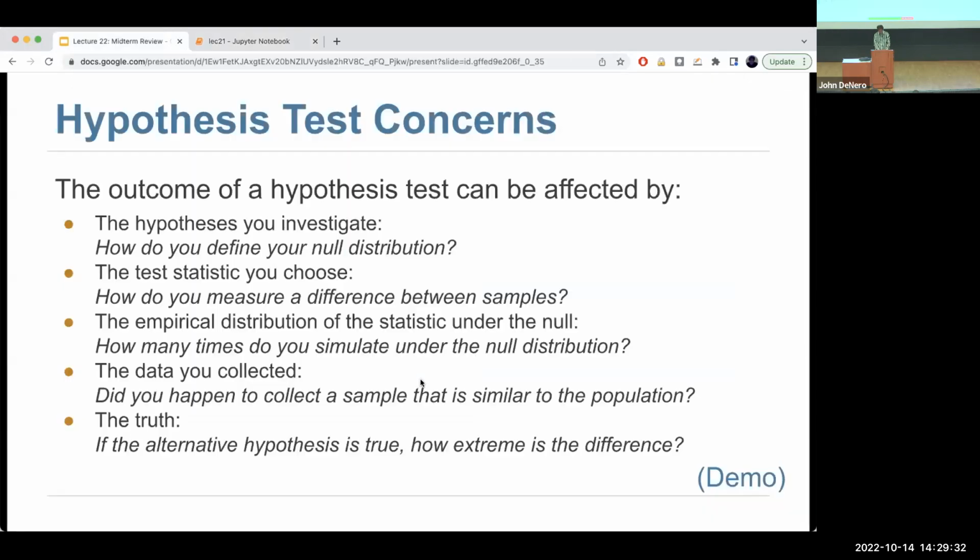So that's what I mean by, if the alternative hypothesis is true, but the difference between it and the null hypothesis is very small, then it can be hard to tell the difference using a sample. Whereas if the alternative hypothesis is true and it's really extremely true, like people really don't like this soda, then this approach will tell you reliably.